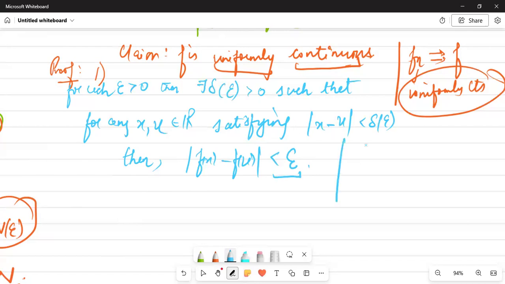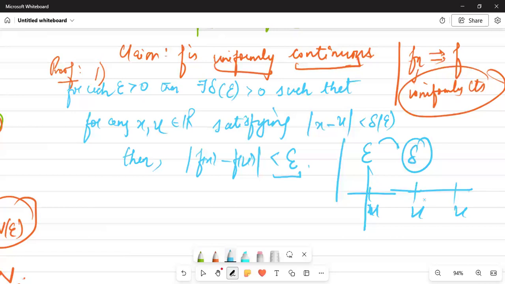So the moment you choose epsilon, you get your delta, and this delta is not going to change if you change your x and u. If you take your u here, or here, or anywhere on the real axis, this is not going to change your delta. This delta is going to work for any u and any x satisfying this.